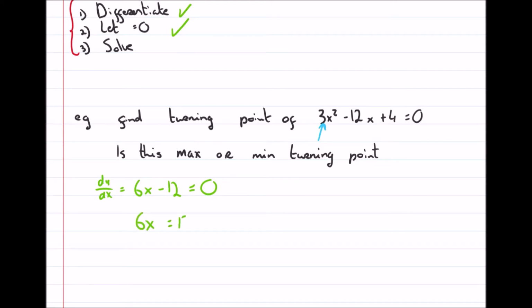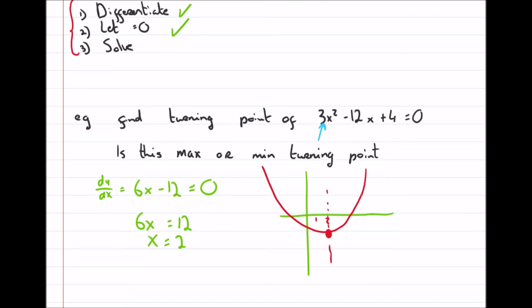So 6x equals 12. So x equals 2. So what they're saying there is, on this graph, the minimum value on the turning point is at x equals 2. So if that's 1, that's 2.